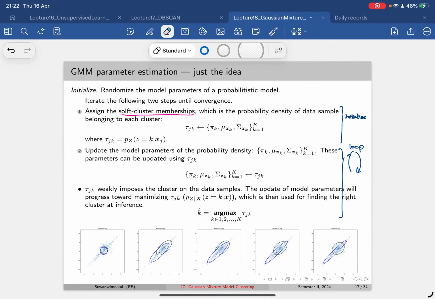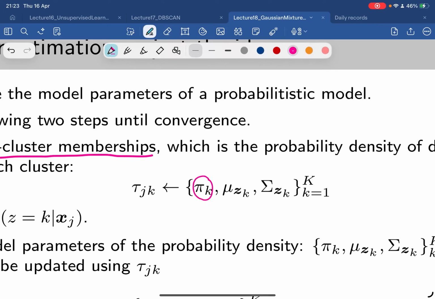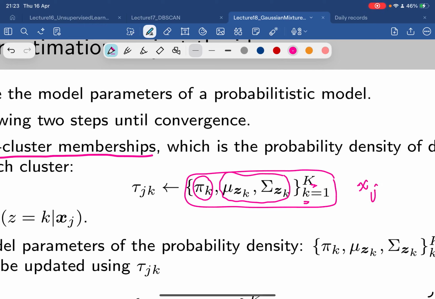Okay, so what you really have to do when you use a Gaussian mixture model to find the cluster. I haven't presented the formulation yet, but I want to tell you the conceptual idea. Let's say you know the model parameters, like the probability of a cluster, then the conditional distribution model parameters of each cluster. If you have these values and you've been given x_j, you can compute tau_jk, right?